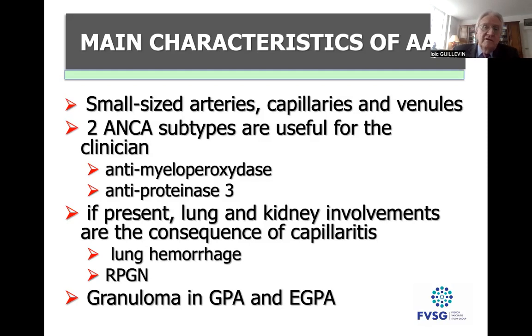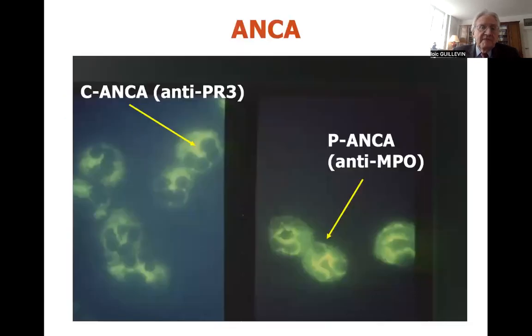If present, lung and kidney involvements are the consequence of capillaritis. And lung hemorrhage can be observed, sometimes severe, but not all the time. And a glomerulonephritis, a rapidly progressive glomerulonephritis, can be present. Granuloma is observed in GPA and eGPA, but not in MPA.